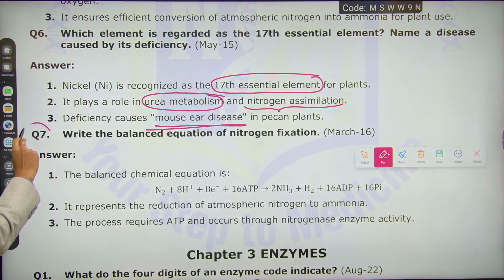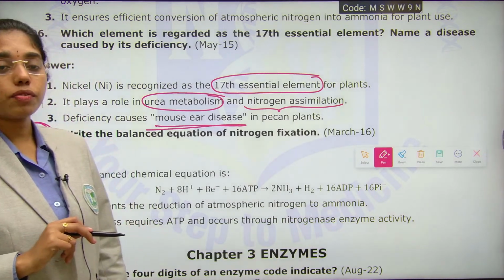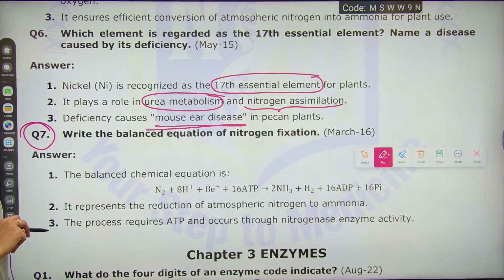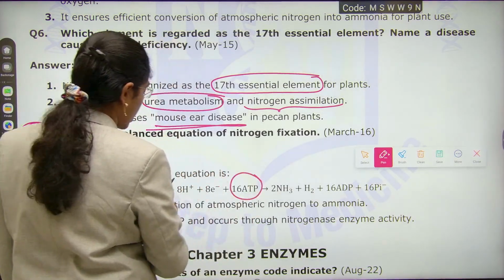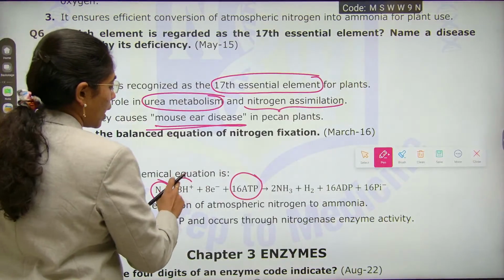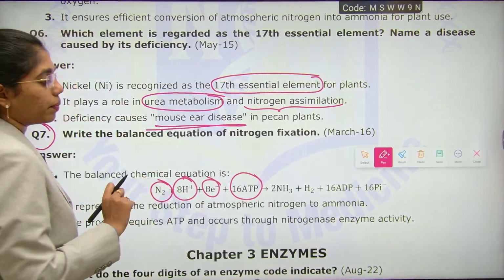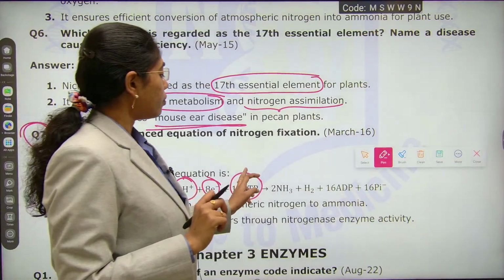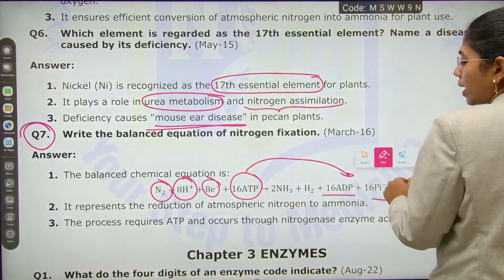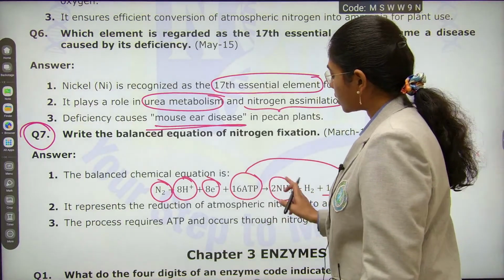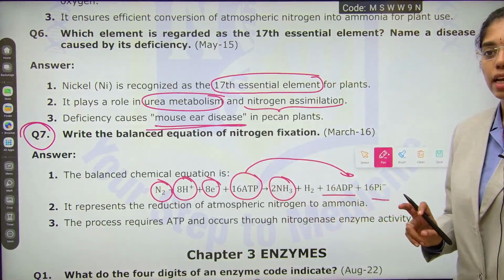Next, write the balanced equation of nitrogen fixation. For nitrogen fixation, a high amount of energy is required, where 16 ATP is utilized to fix 1 nitrogen, and 8 protons and electrons are utilized, where ATP is dephosphorylated to 16 ADP and inorganic phosphate, and in the products 2NH3 ammonia is formed.